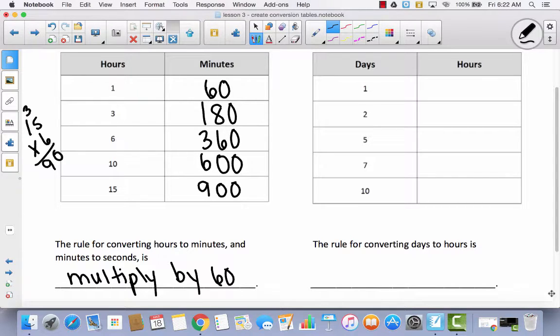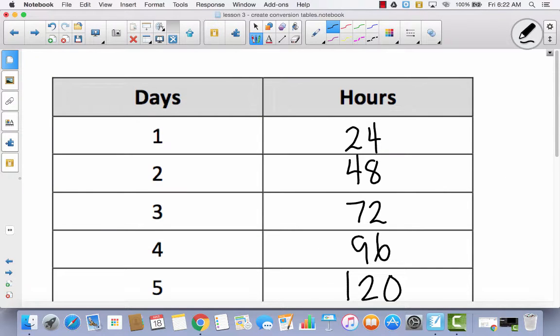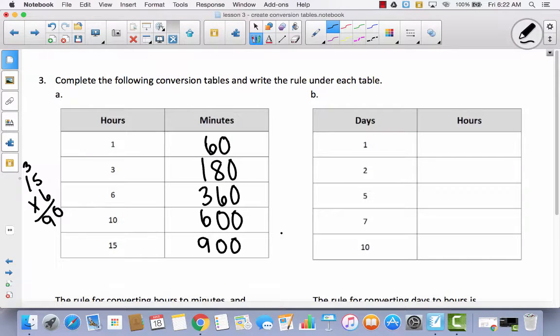All right, so let's do days and hours. So we already did all of these on our conversion table back from our practice sheet. So if you want to go back to your practice sheet that looks like this, you could just copy from one to the other because we've already figured all these out. So let's go ahead and pause the video and let's fill in this chart with what we've already done.